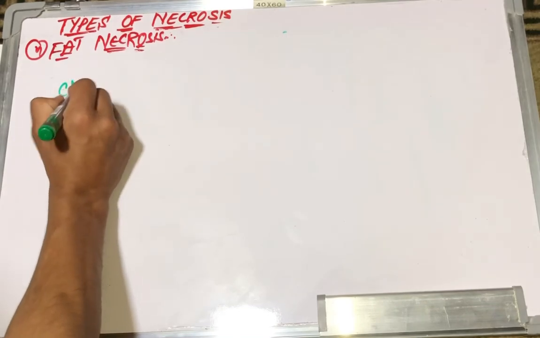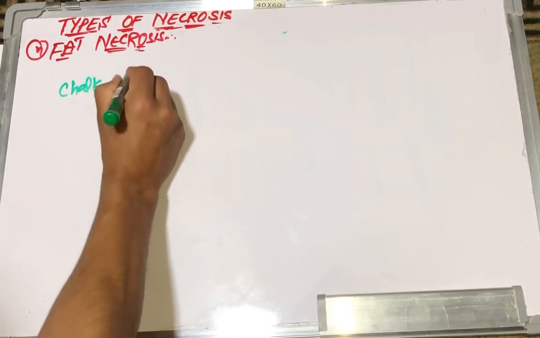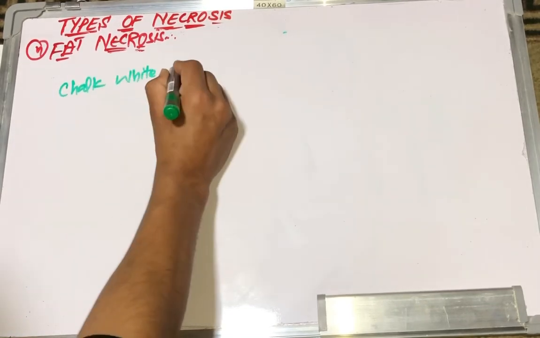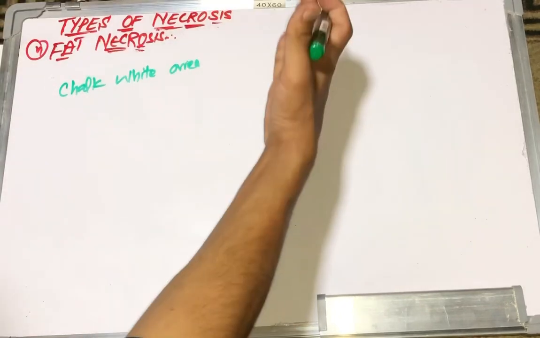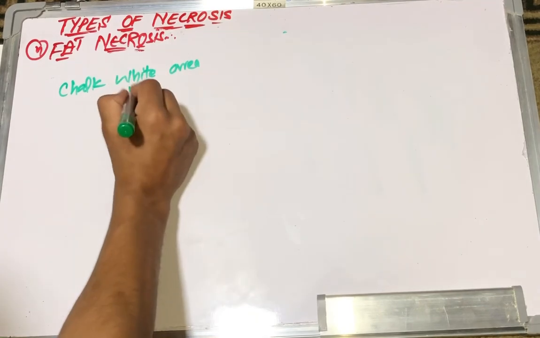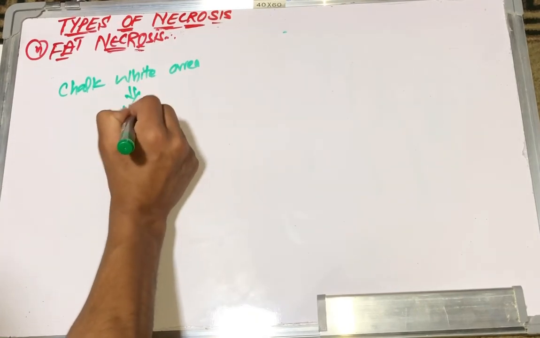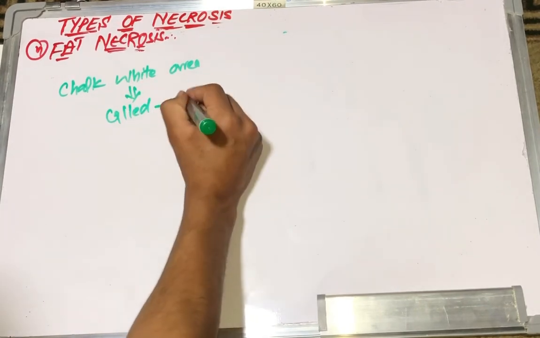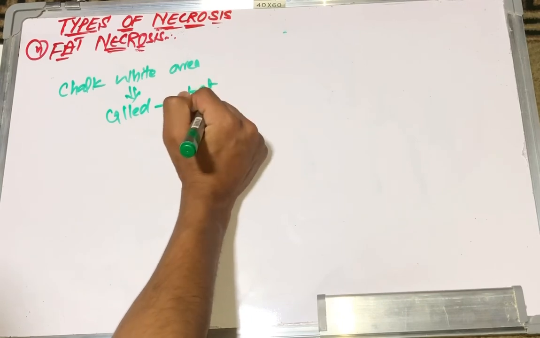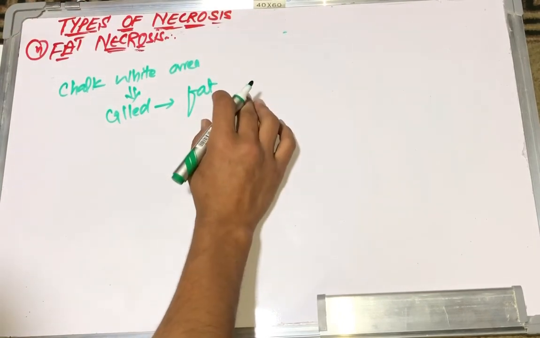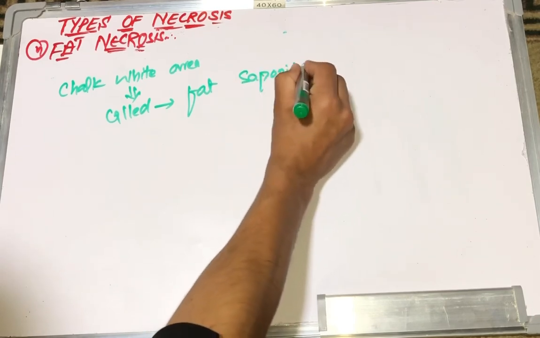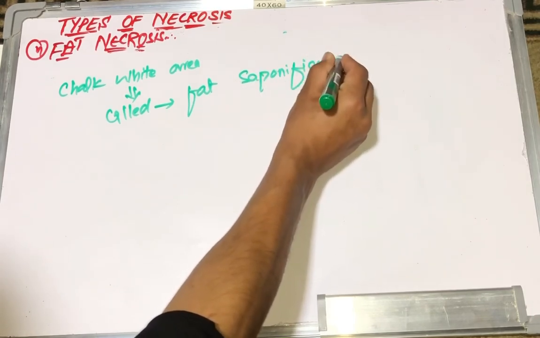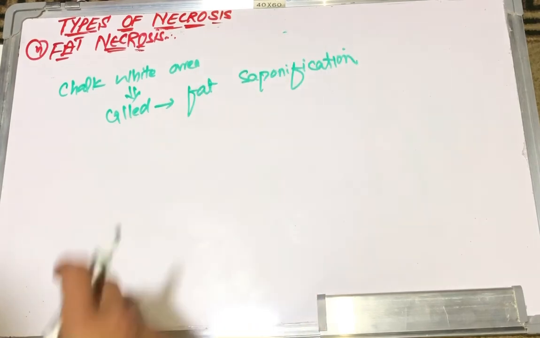So the chalky white area appears in fat necrosis. When it combines with calcium, this is called fat saponification.